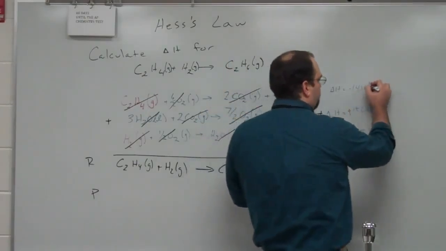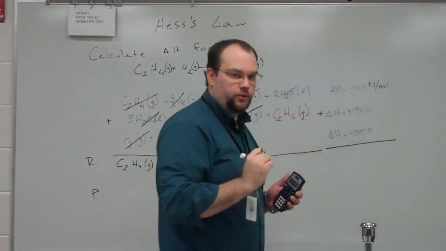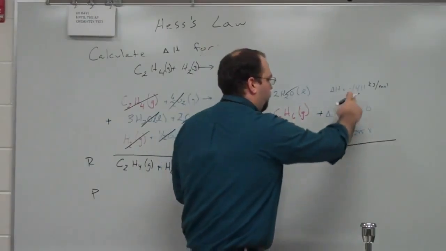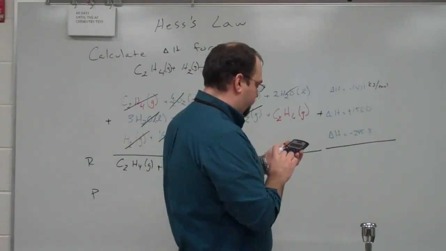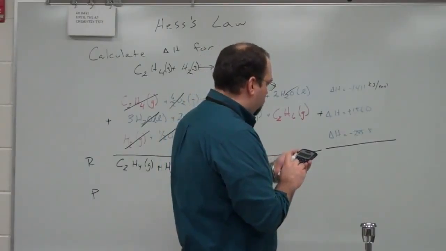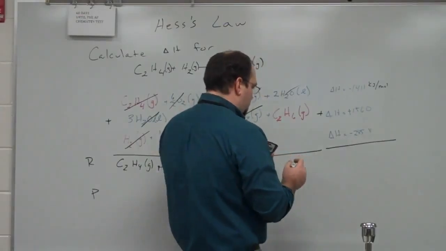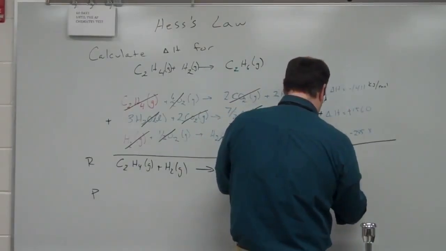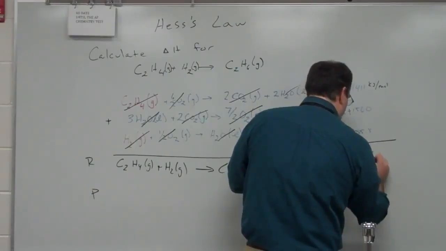The unit for these are all kilojoules per mole. I didn't write that because I was worried about space. So negative 1,411 plus 1,560 minus 285.8. And I get, for the delta H of this entire reaction, negative 136.8 kilojoules per mole.